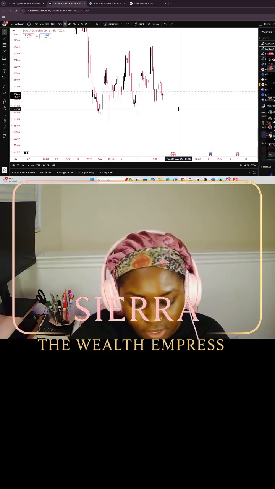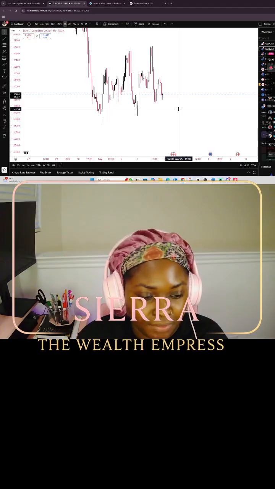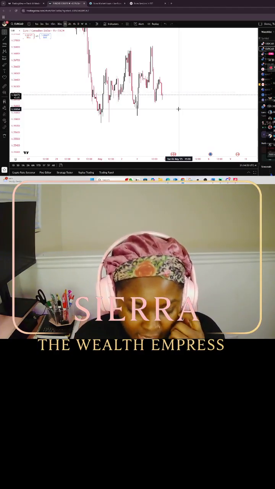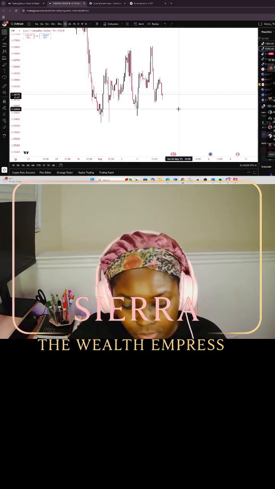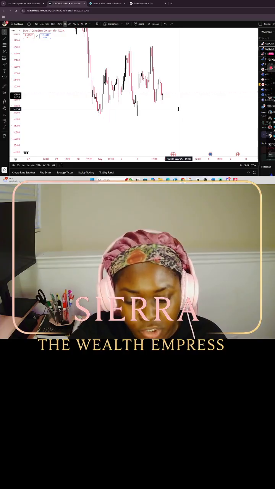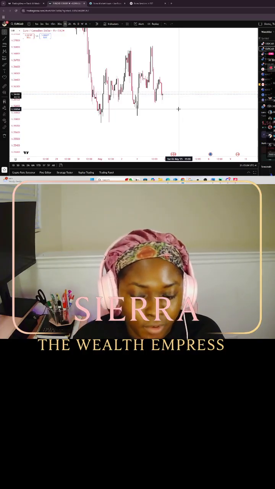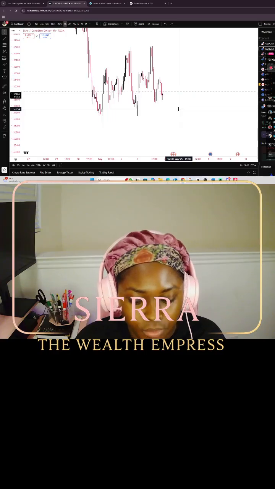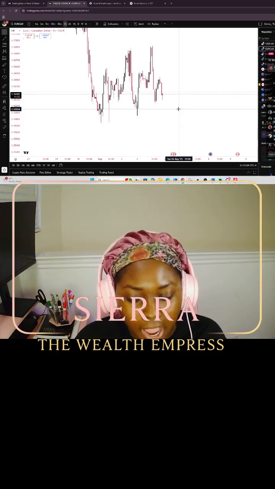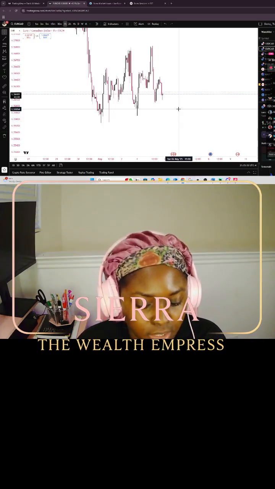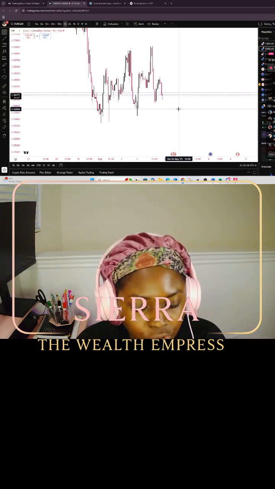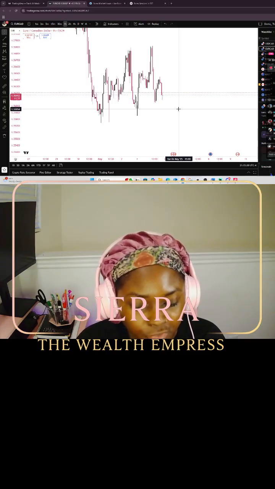All right, so how does leverage work? You have 50 to 1, okay, 100 to 1, and 500 to 1. All right, so with the 100 to 1, that means for every $1 in your account, your broker allows you to control $100 worth of currency.